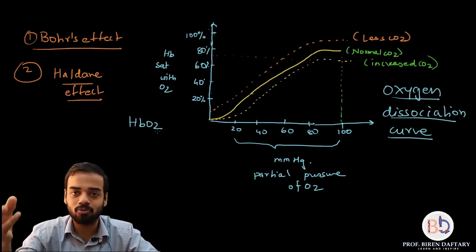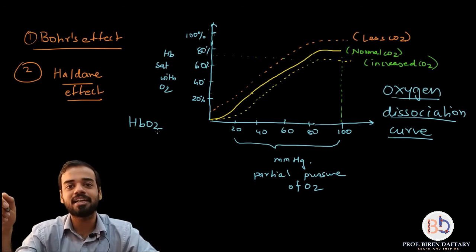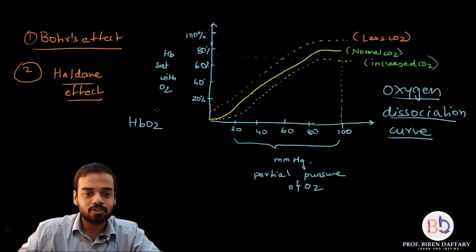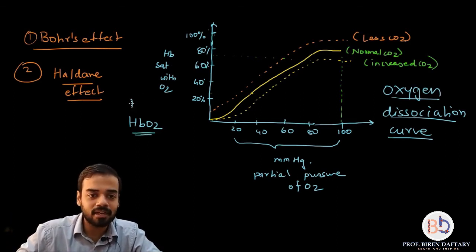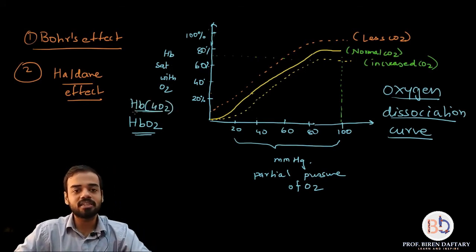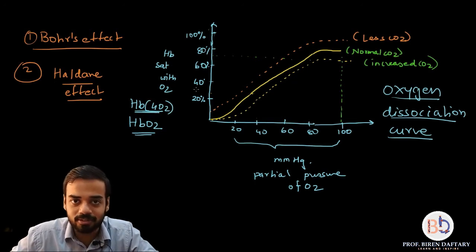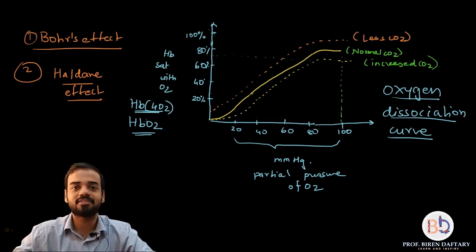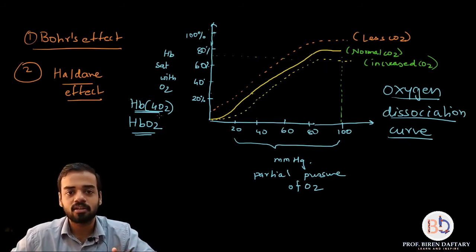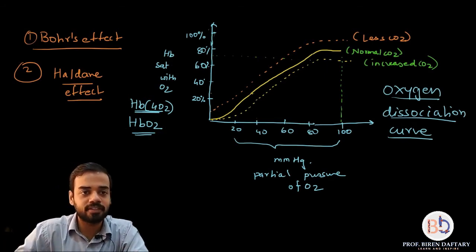HbO2 and Hb4O2 are the same, because writing 4O2 every time is very inconvenient. This means that hemoglobin is fully saturated. This is the term normally used for writing oxyhemoglobin, HbO2. Is this clear? Okay, so with that we finish this part.